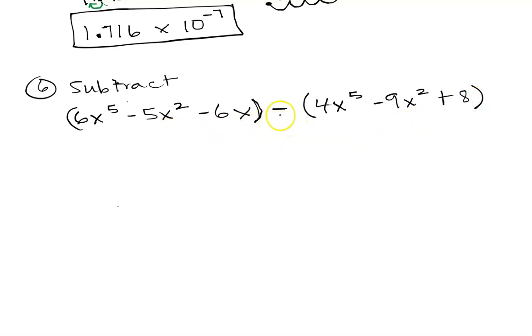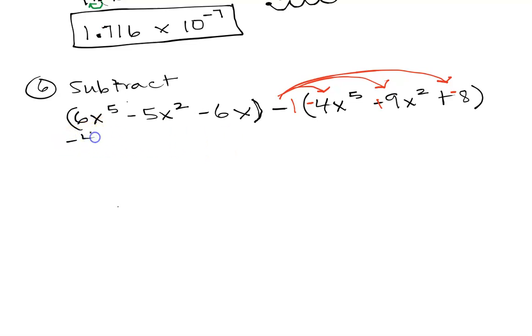Okay, well, really what I'm doing here, when I'm subtracting all of that, is taking and distributing a -1 through to everybody. Right? And when I do that, it just changes the sign. So this is a negative, this is a positive, and this is a negative. And then I usually just like to write them down underneath their like terms, just to make sure I'm adding the right things together.